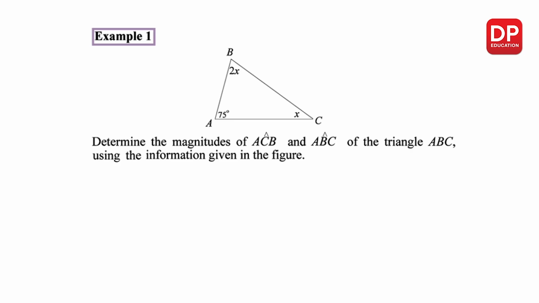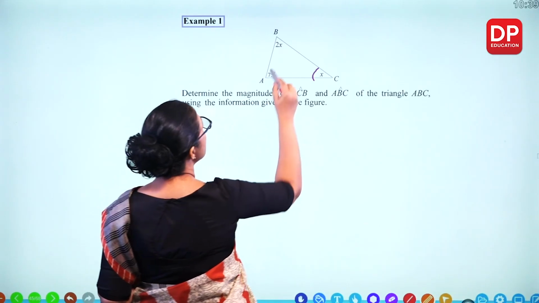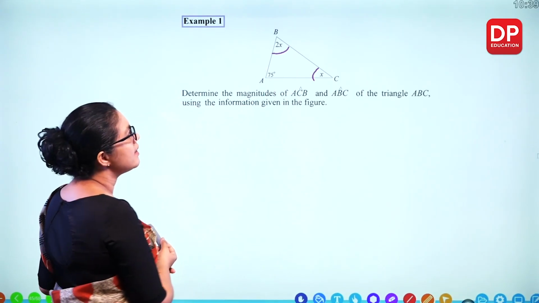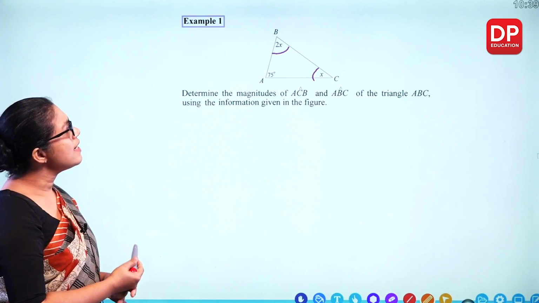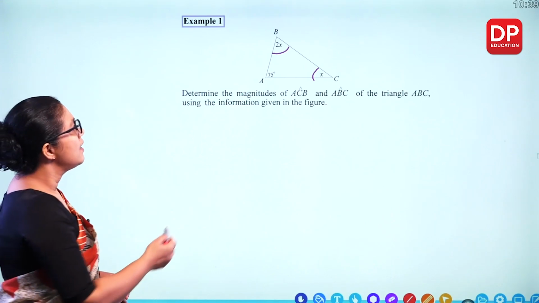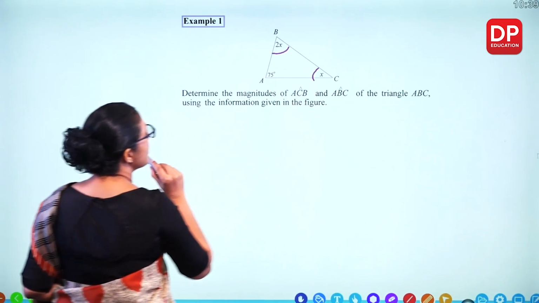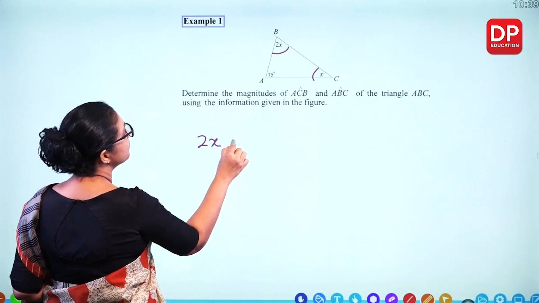Example number 1. Determine the magnitude of ACB. This is x. ABC, that's 2x, of the triangle ABC using the information given in the figure. So these are three angles in a triangle. So what's the sum?